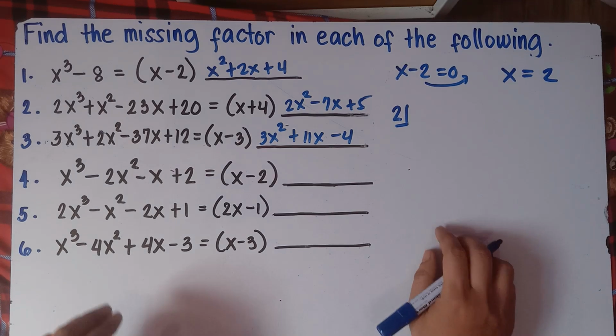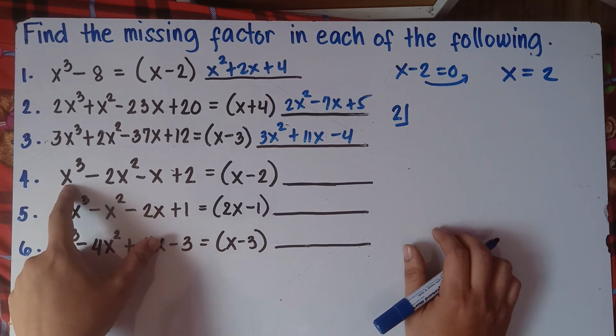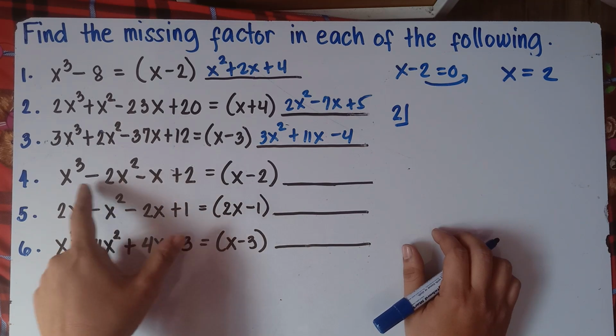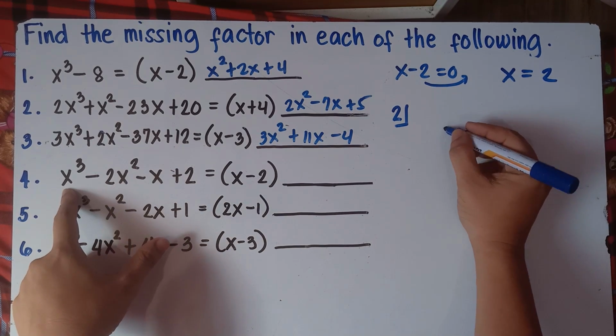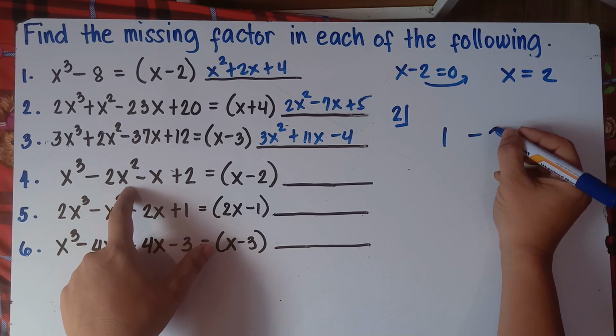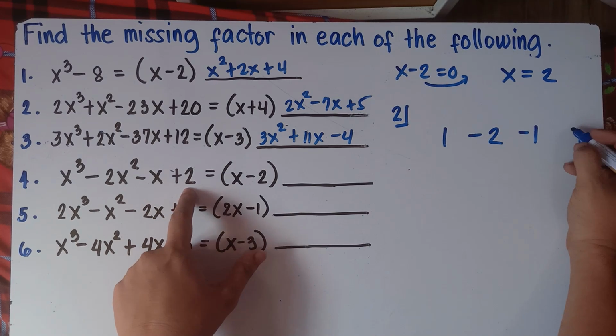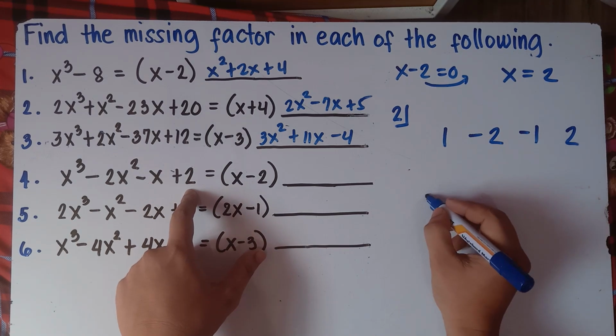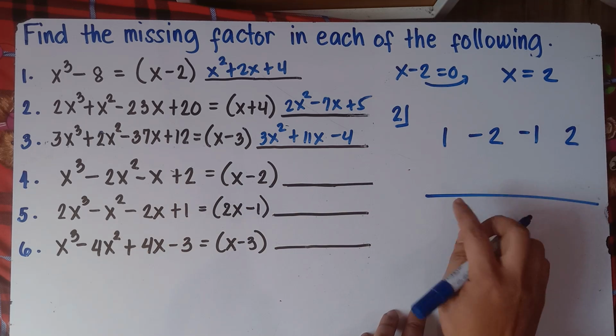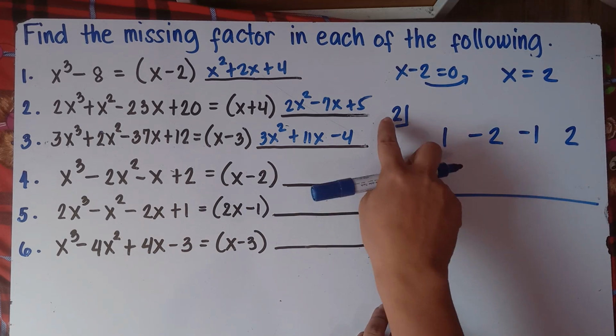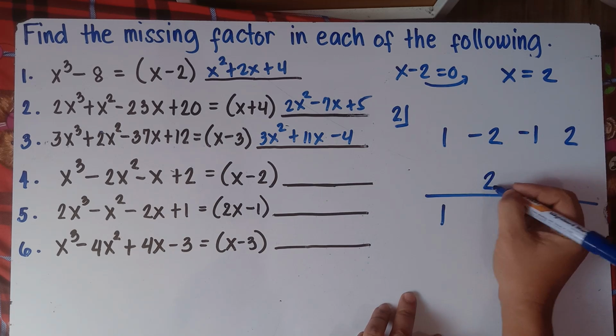Then we write down the numerical coefficients of this given dividend. For x cubed is 1. For x squared is negative 2. For x is negative 1. For the constant is 2. So once again, you bring down 1. Then you multiply. 2 times 1 is 2.